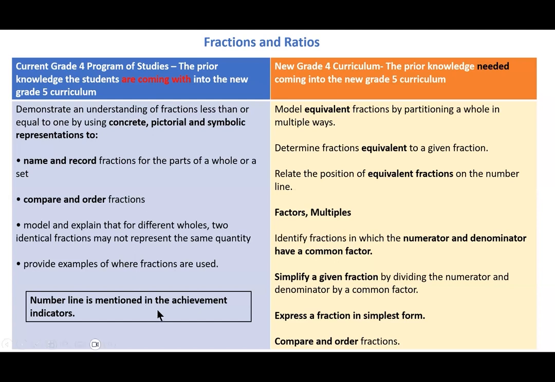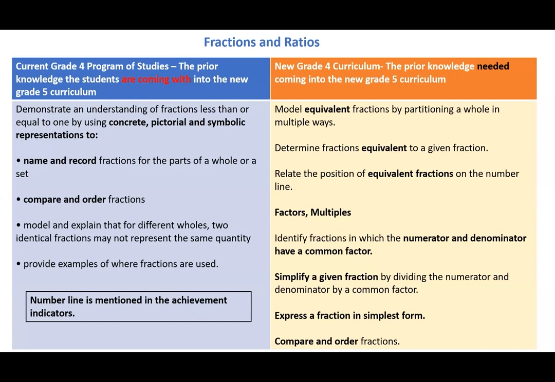But notice I did put in the box that the number line is mentioned in the achievement indicators, because in the new curriculum, number lines are so important. And in previous grades, students are going to have to be able to recognize and indicate where on a number line a certain fraction is, and even in grade 5, if it's an improper fraction.